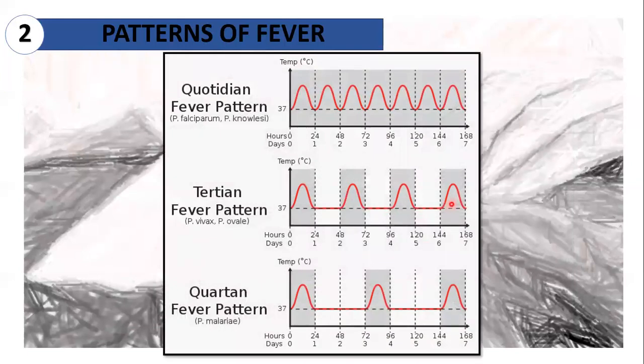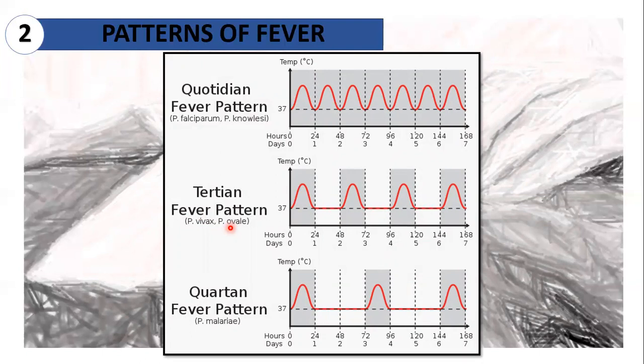Here we have the different types of intermittent fever. Quotidian, which means every day. So there is daily fever. This is commonly seen in Plasmodium falciparum and Plasmodium knowlesi. And then tertian, fever every 3 days for Plasmodium vivax and Plasmodium ovale.